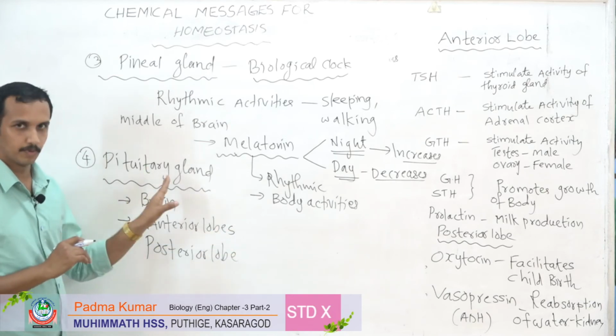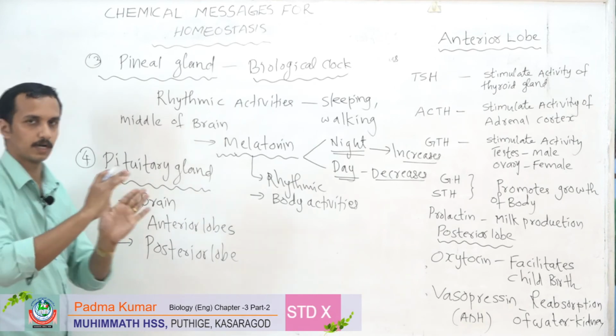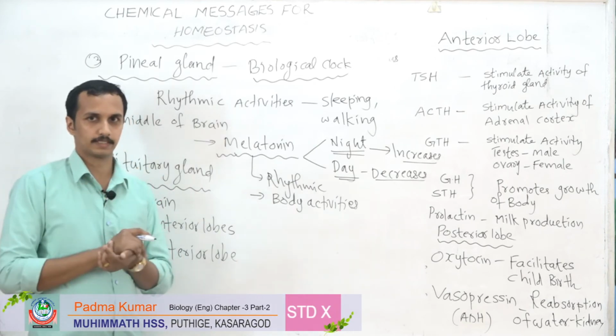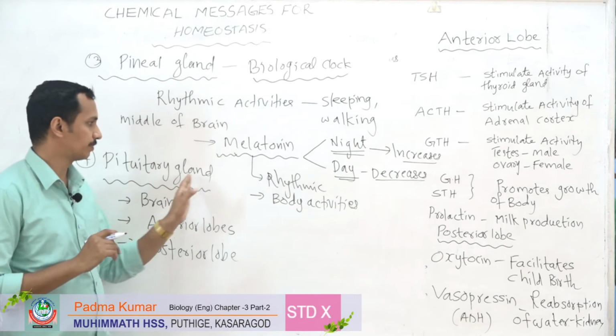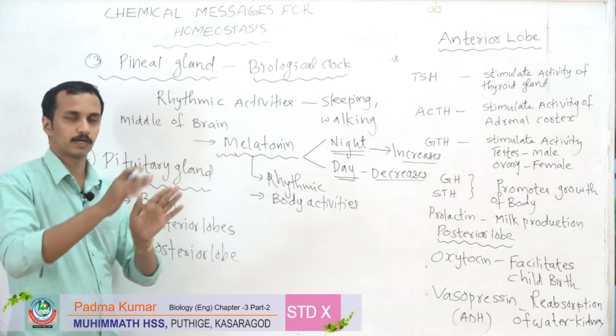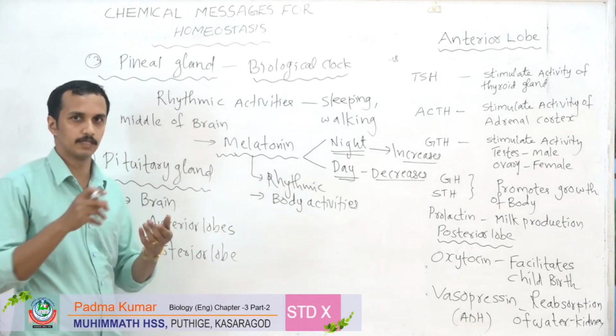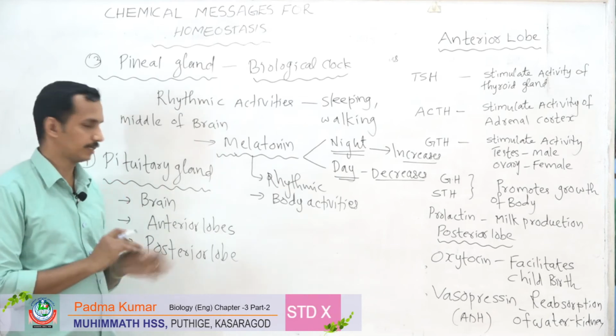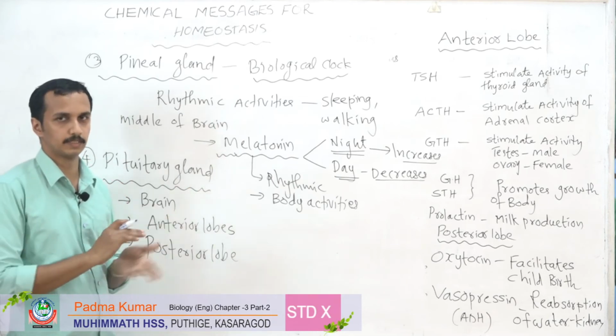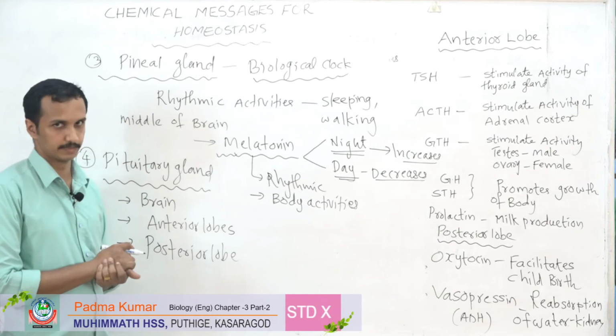It is a very important gland because it controls other glands, and the hormones secreted by pituitary gland also control all the functions of other endocrine glands. So, very important gland. It is present in the center of brain.